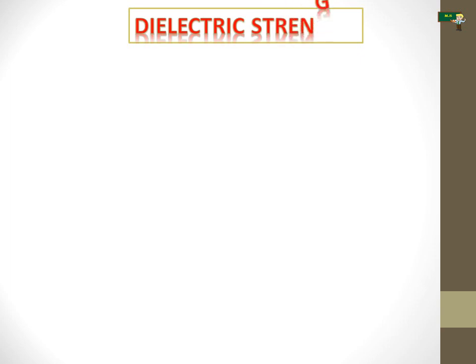Okay. Next one, dielectric strength. I already explained to you about the dielectric materials and the characteristics of dielectrics. Now, what is the strength of the dielectric? See, if you take glass as a dielectric material, we should know the strength of that dielectric material.